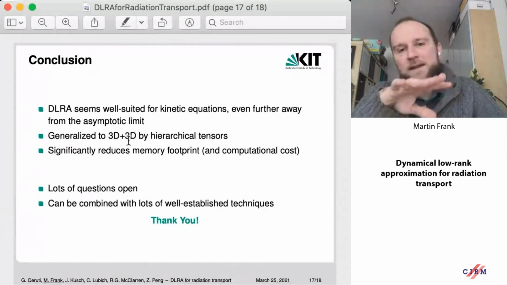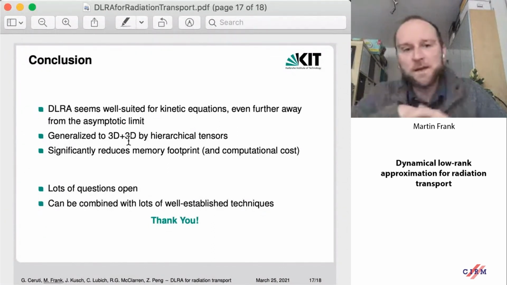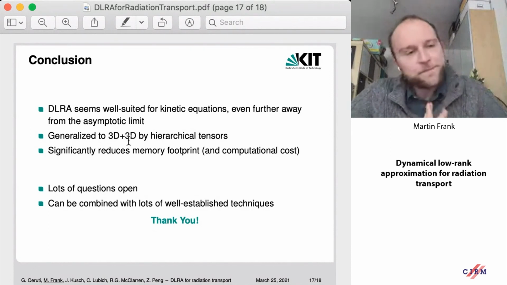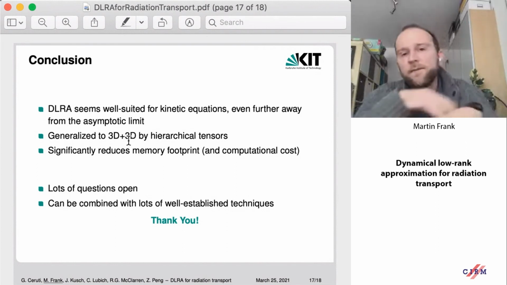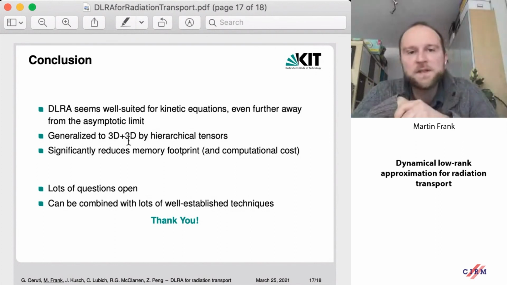From this, I can do a hierarchical tensor decomposition, and there are many versions of this. And then I can demand sparsity. I can say I want most of my expansion coefficients to be 0. That's the notion of sparsity, and there are many methods to achieve this, versions of singular value decompositions and so on.